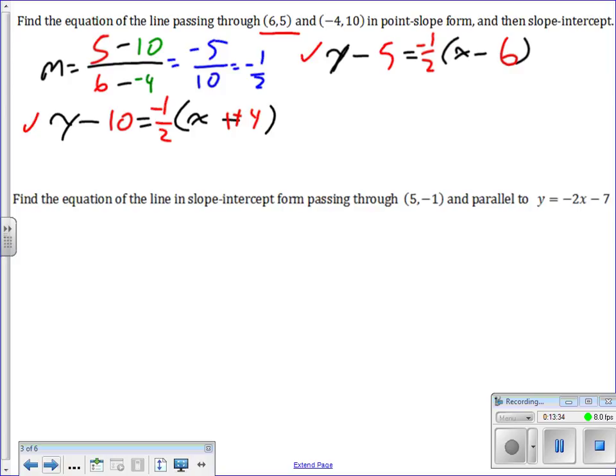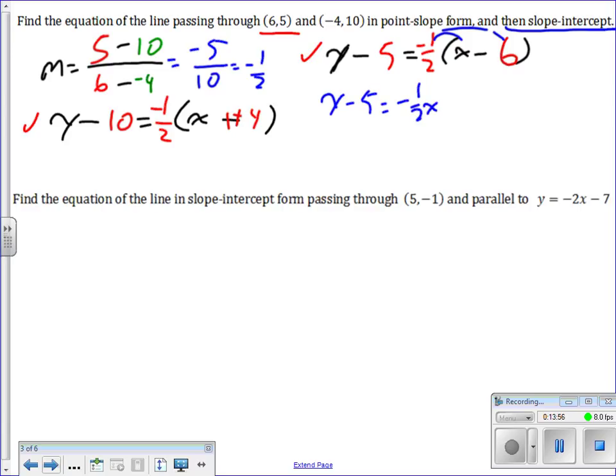But are we done yet? No, because it also says, and then in slope intercept, which means I need to make this y equals mx plus b. Pretty easy to do. Your first step, distribute the negative 1/2. Y minus 5 equals negative 1/2 x.